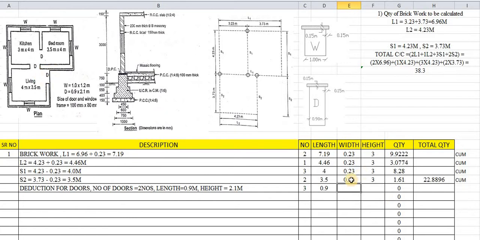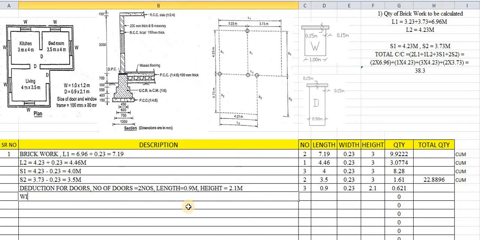The width is 0.23, because we are finding the quantity of brickwork. The height is 2.1. That is 0.621, the total quantity of deductions for doors.